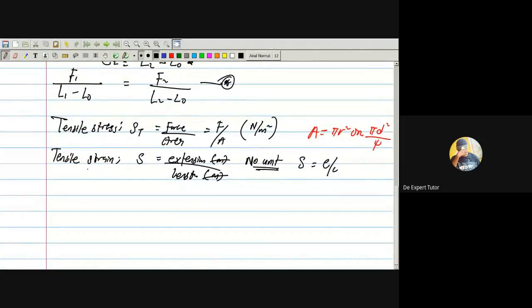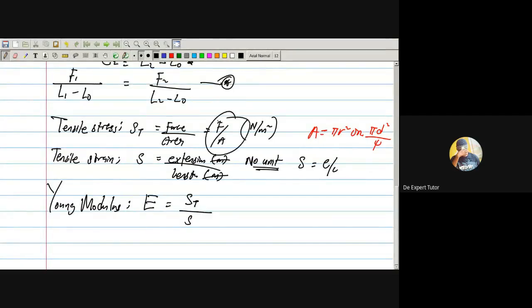There's a particular quantity you have to know again. It is called Young modulus. Sometimes some people represent it as Y, sometimes as E, whichever way. The formula for Young modulus is tensile stress over tensile strain.